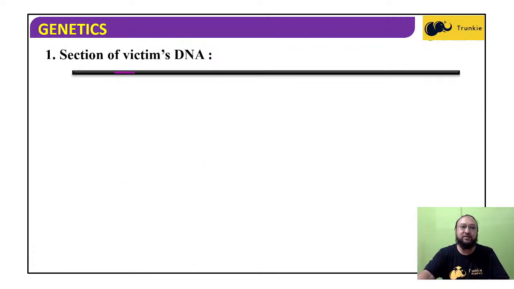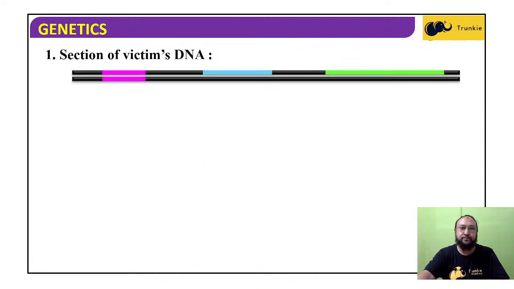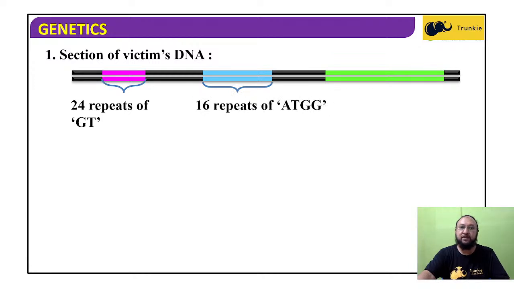Selection of the victim's DNA: 24 repeats of GT, 16 repeats of ATGG, and 66 repeats of ATT.